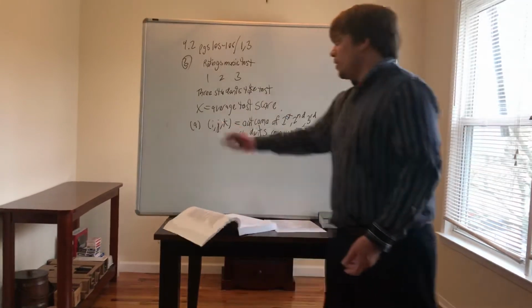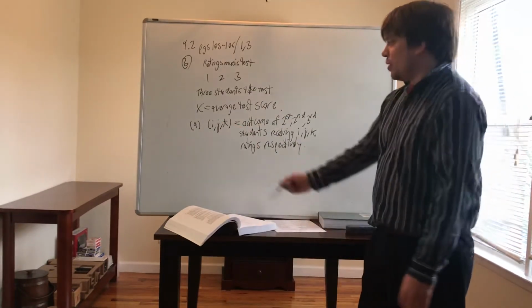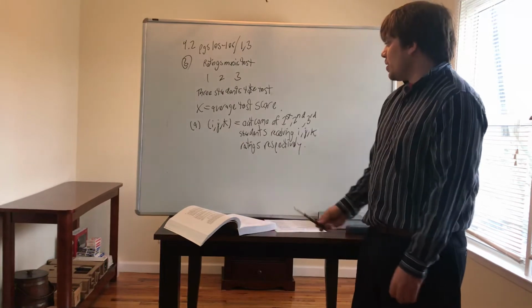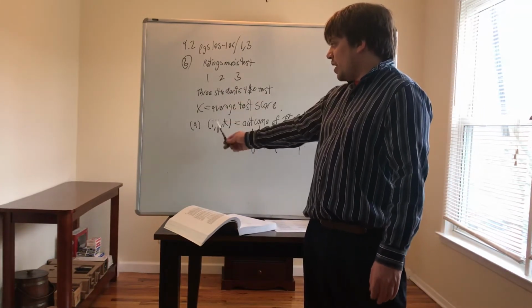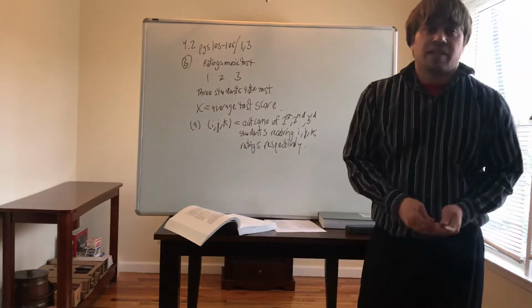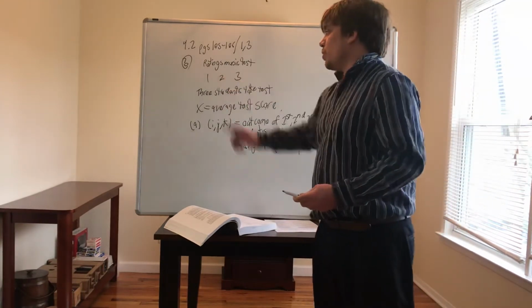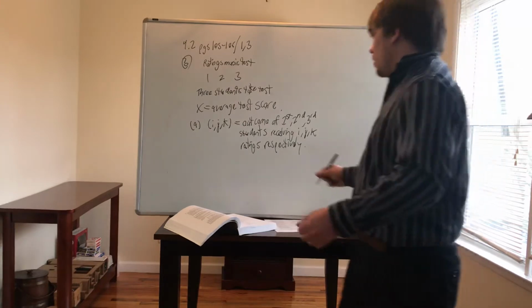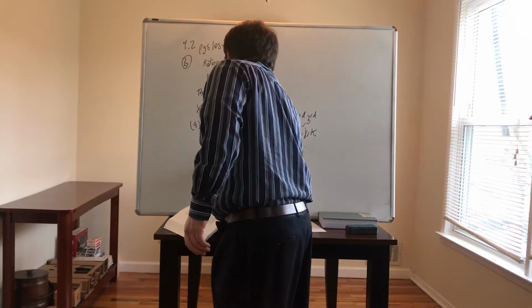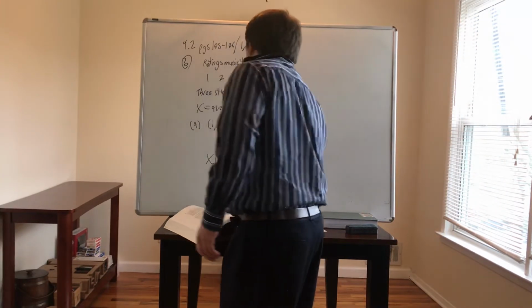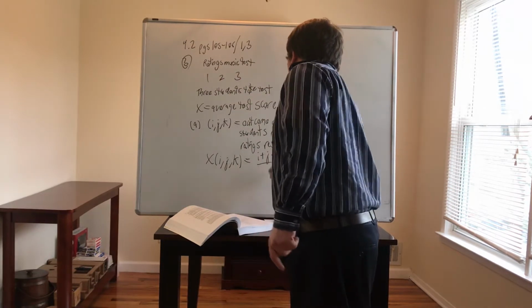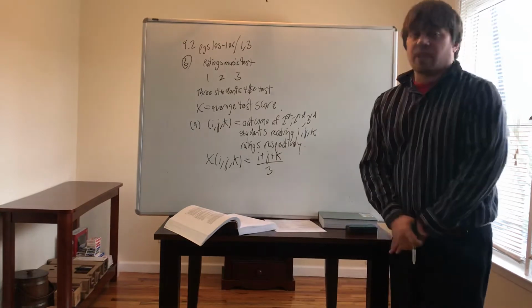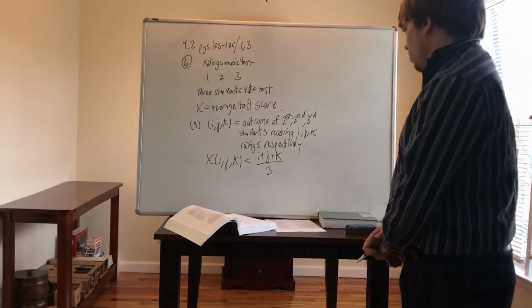So this 3-tuple represents the outcome of the first student getting an I in this rating, the second student getting a J, and the third student getting a K, where I, J, and K are either 1, 2, or 3. And so if X is the average test score, then X of the outcome I, comma, J, comma, K is just you add up the 3 ratings, I plus J plus K, and divide it by 3. And that's the average of the 3 test scores I, J, and K. I plus J plus K divided by 3.